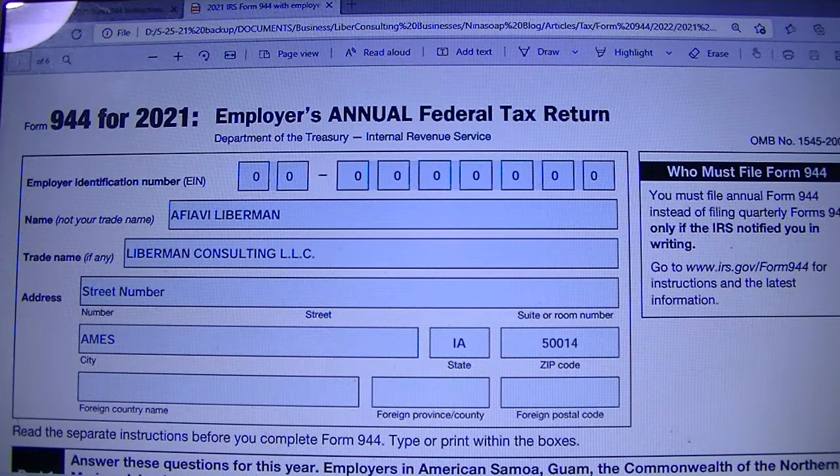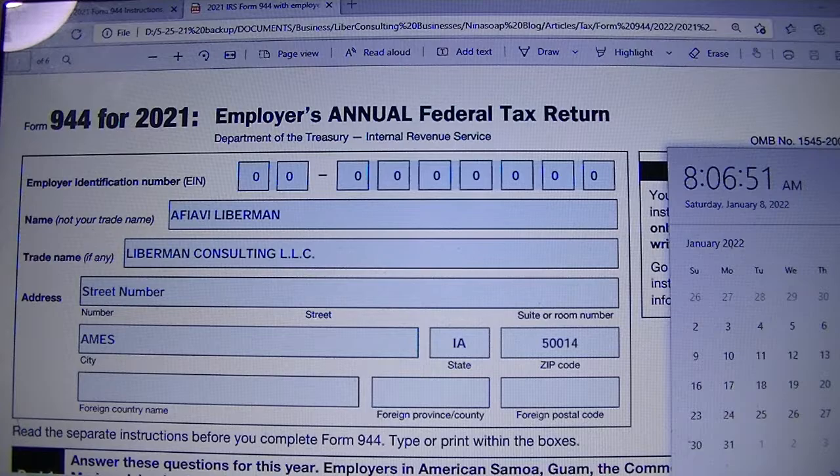If you are required to file Form 944, you have to file it and mail it before January 31st, 2022. Usually when it's a holiday, it can go to the next day, but I don't like to go with those exceptions.